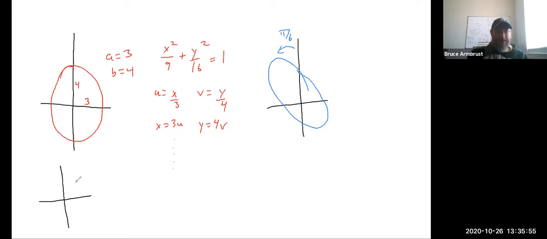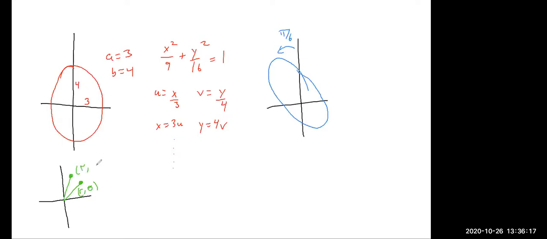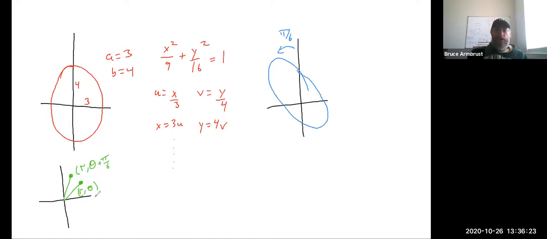All right. So let's think about taking a point here that's r theta. And I want to rotate it. What would be the corresponding coordinates now? Theta plus pi over 6. Yeah, because we're going pi over 6 counterclockwise. So if we were going to look at x's and y's, x normally would be r cosine theta and y r sine theta, right?